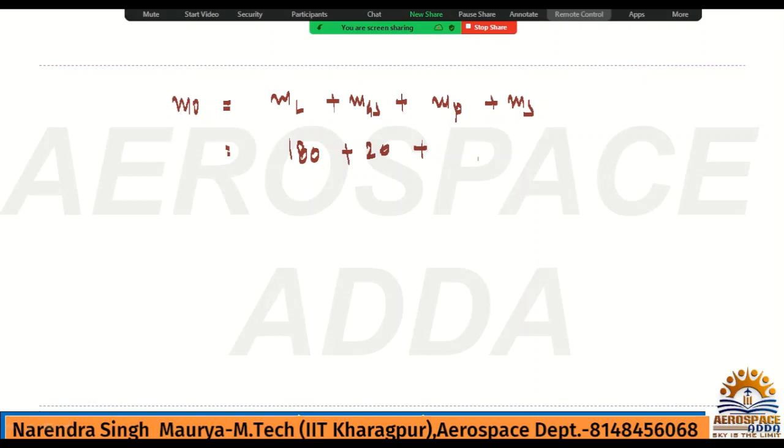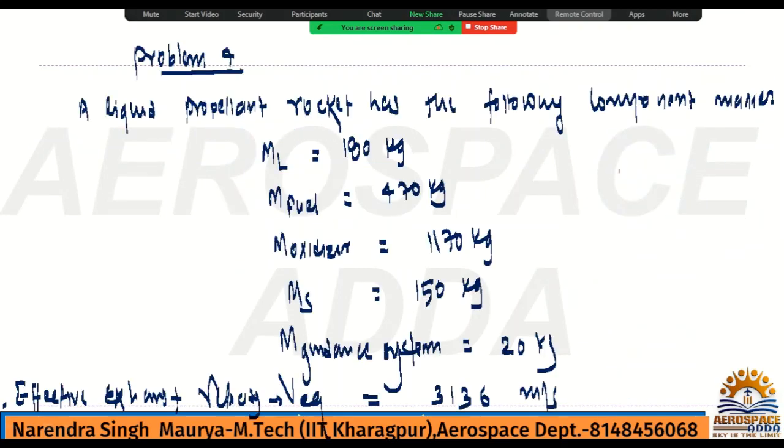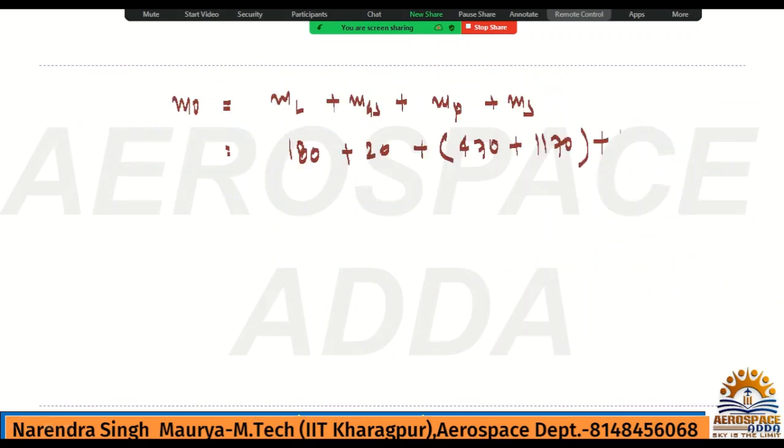Propellant means I will write both fuel and oxidizer, so it is nothing but mass of fuel 470 plus mass of oxidizer 1170 plus mass of structure, it is 150. So if you calculate this, this is nothing but m naught, and I will use this calculator.